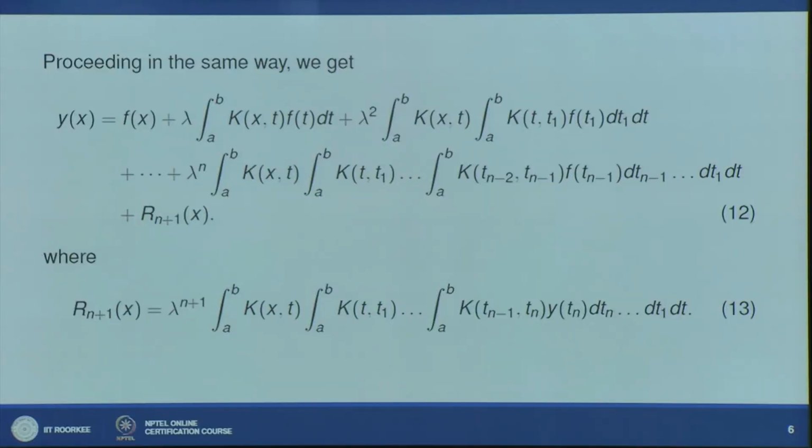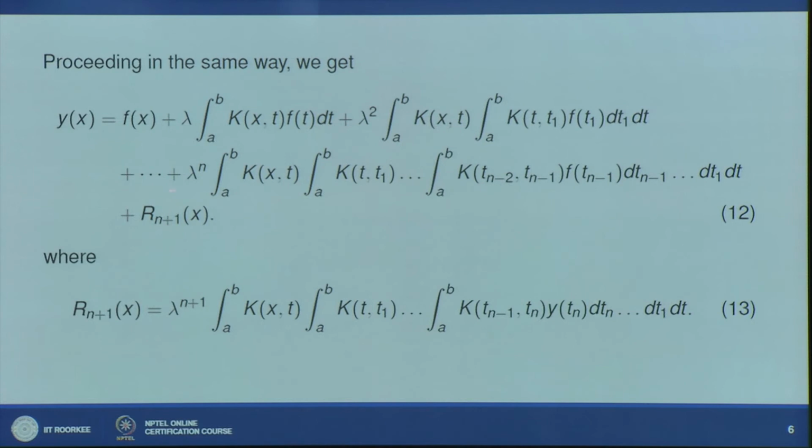All these b's are replaced by the variable x. So in the case of the Volterra integral equation, your solution y(x) is given as f(x) plus lambda times the integral from a to x of k(x,t) f(t) dt plus lambda squared times the integral from a to x of k(x,t) times the integral from a to x of k(t,t1) f(t1) dt1 dt, and so on.